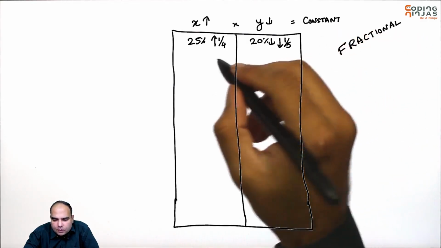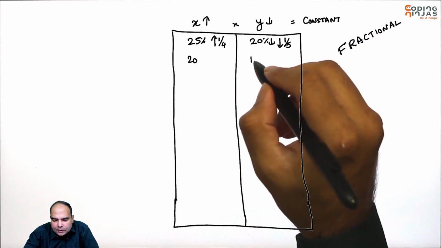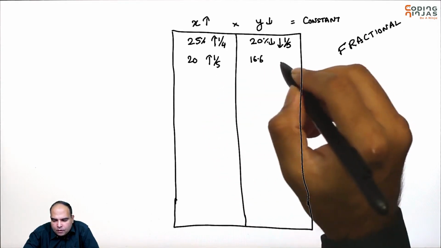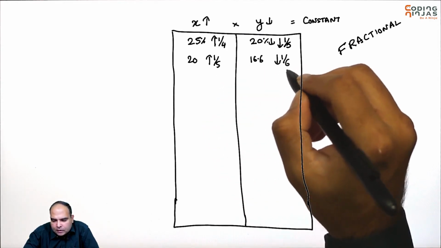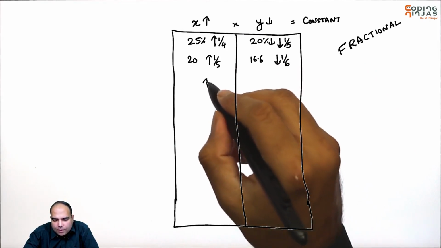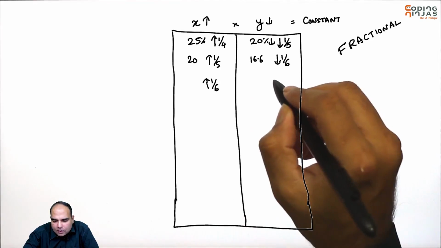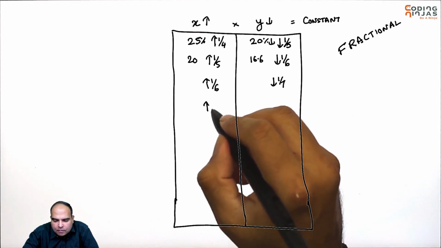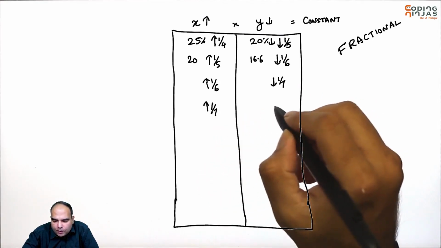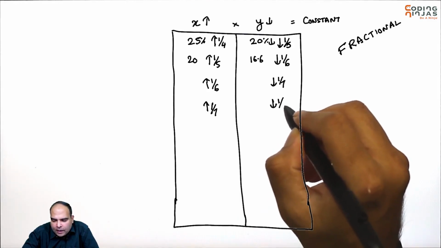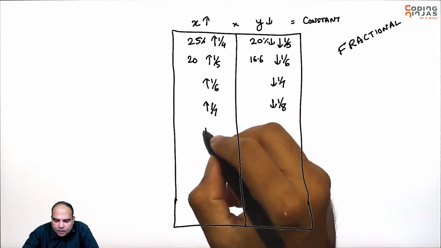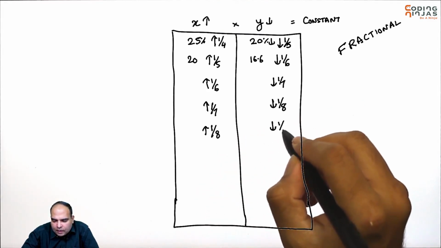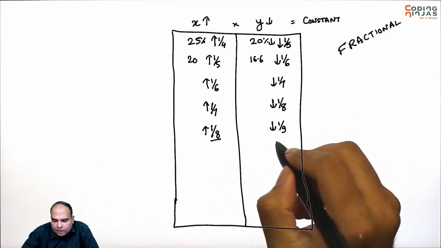If you look at the other pairs, 20%, 16.66, x was increasing by 1/5, y decreases by 1/6. X increases by 1/6, 16.66, y decreases by 1/7, 14.28. X increases by 1/7, 14.28, y decreases by 1/8, 12.5. X increases by 1/8, y decreases by 1/9, 12.5, 11.11.